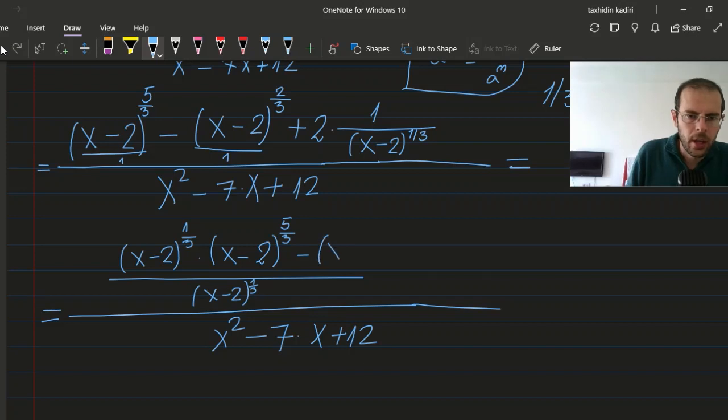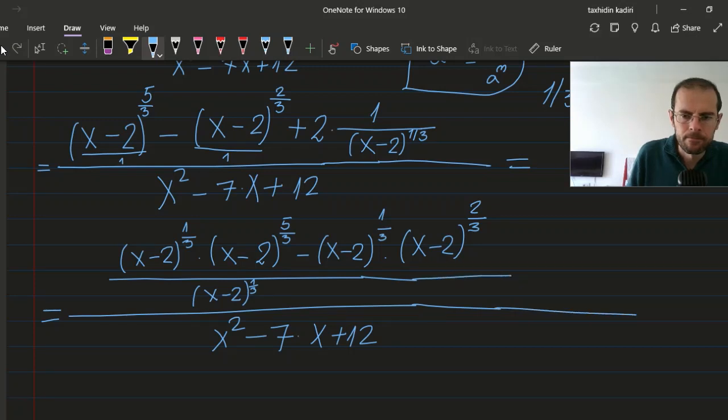We have (x minus 2) to the power of 1/3 multiplying this (x minus 2) to the power 2/3 plus, here is denominator 1, (x minus 2) to the power, oh sorry, here.